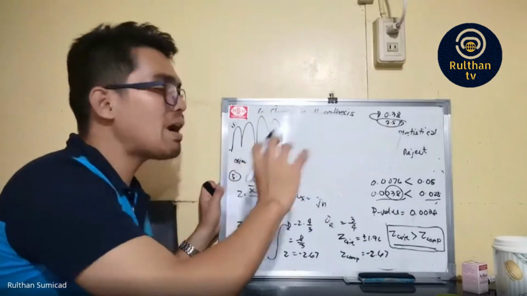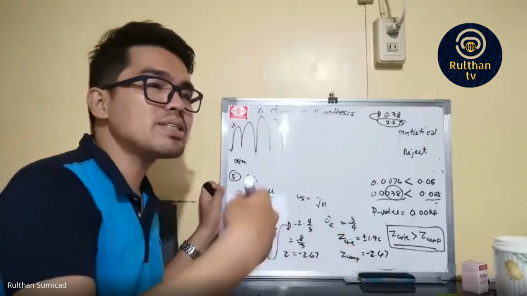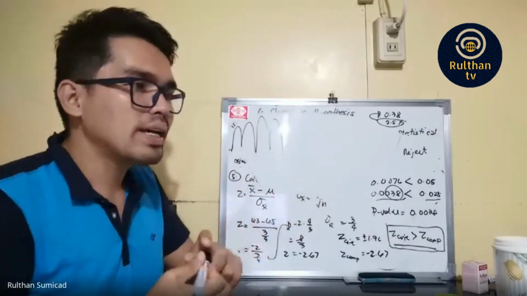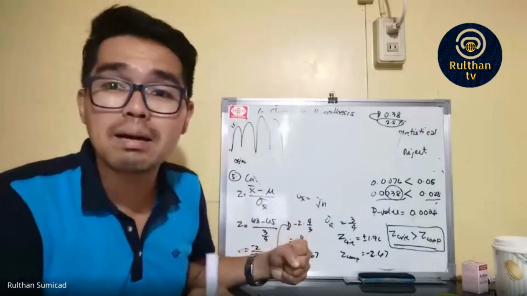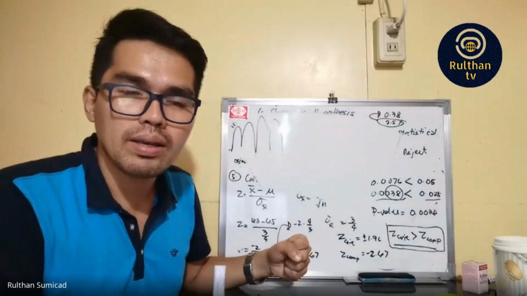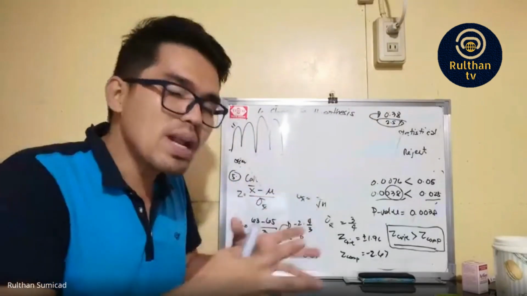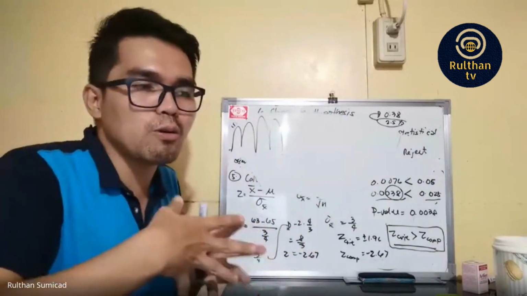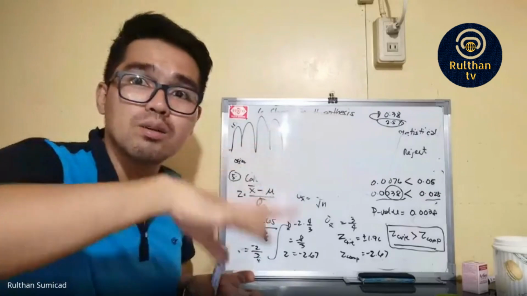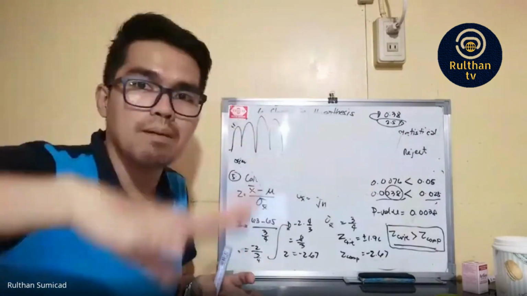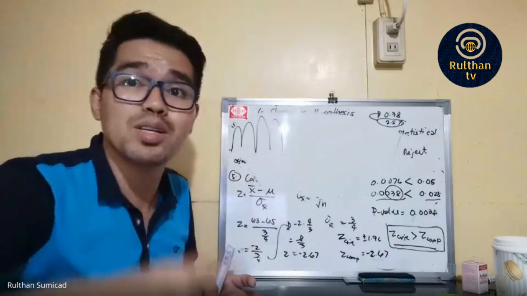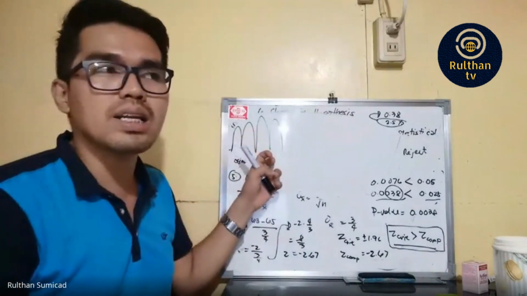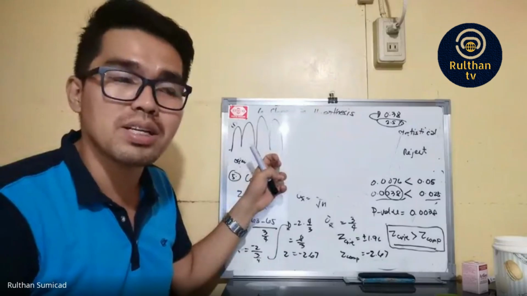And then you have sample groups. If you have 100 sample groups out of the population and you look at the histogram, the presentation of the data, it will still resemble a normal distribution, even if the population distribution is not normal.